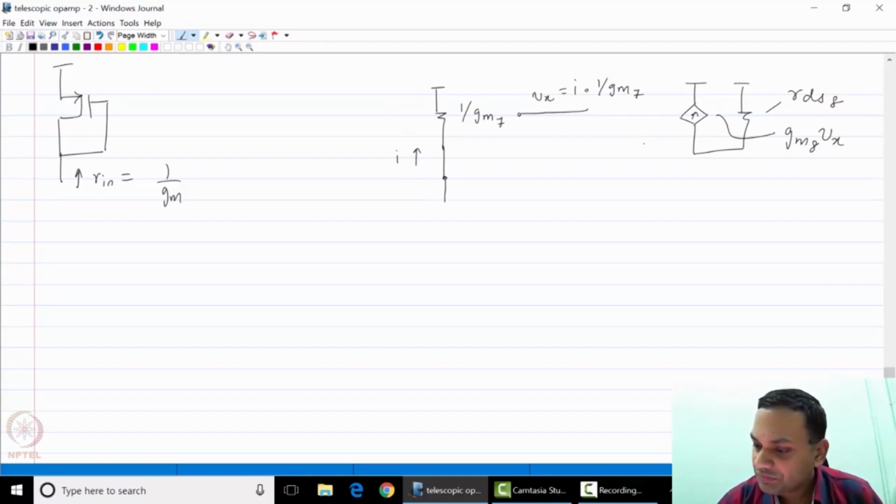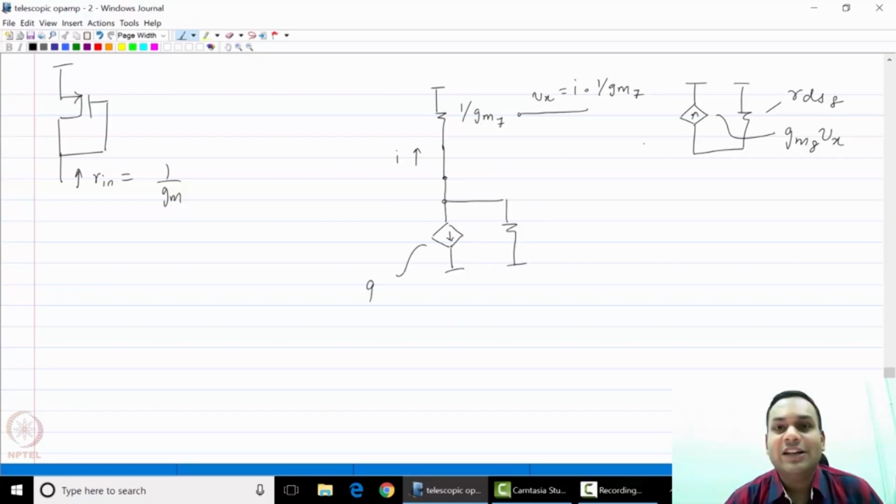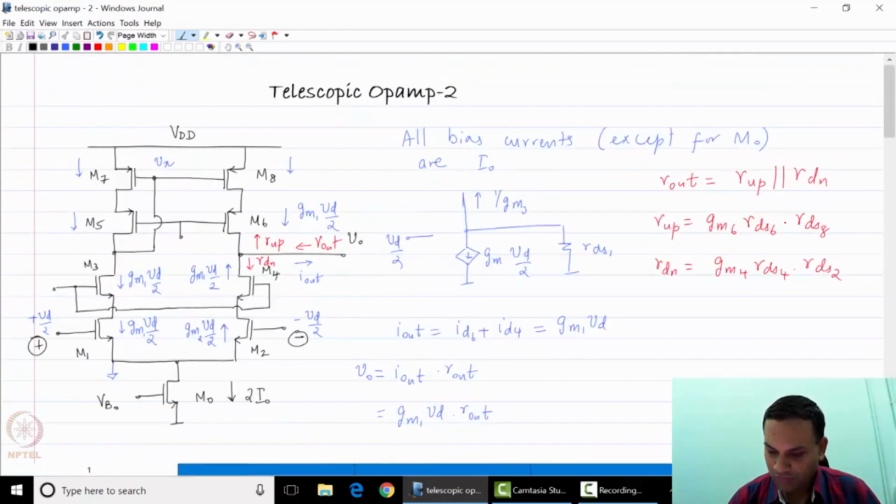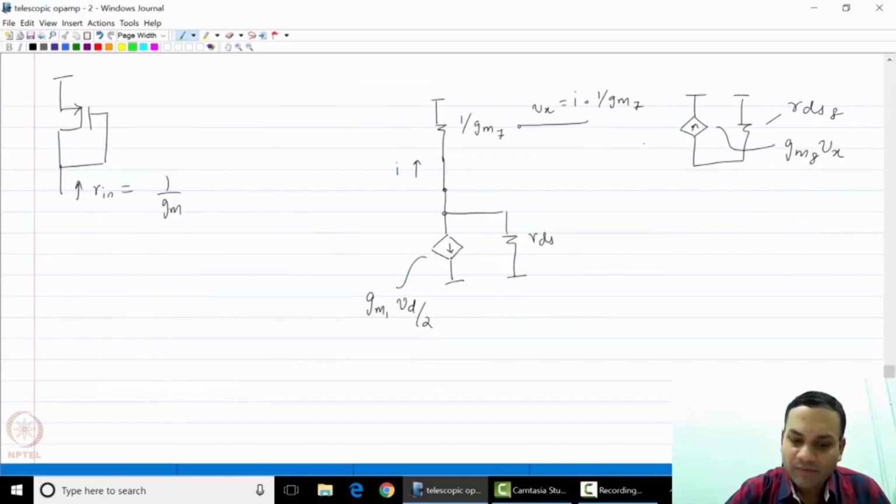The small signal equivalent of the cascode would be a transconductor of value gm1 times Vd by 2 and a resistance looking downwards, which is RDS1 times gm3 RDS3, the output resistance of the cascode.